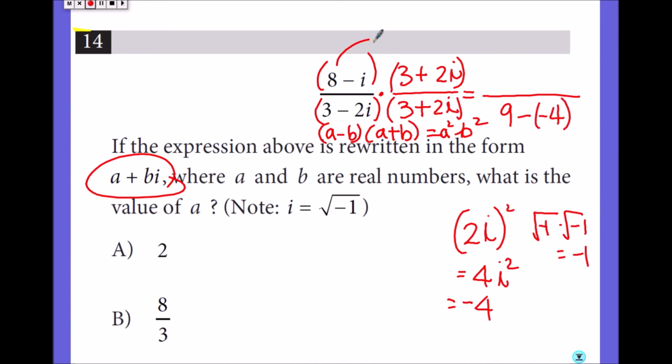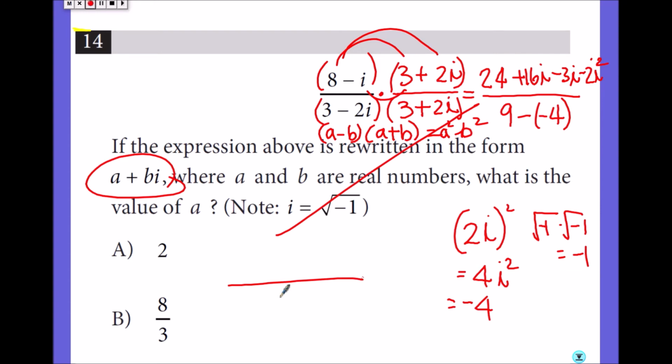And the top, you have to FOIL it. You get 24 plus 16i, negative 3i, minus 2i squared. So the bottom, I get 9 minus negative 4 is 13.